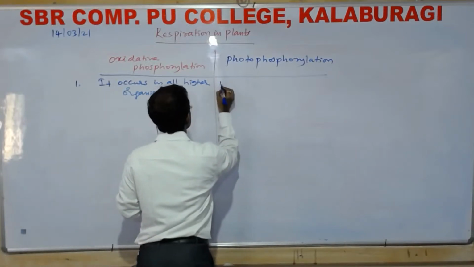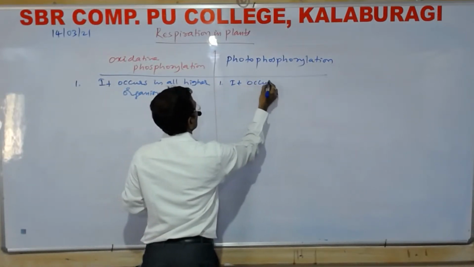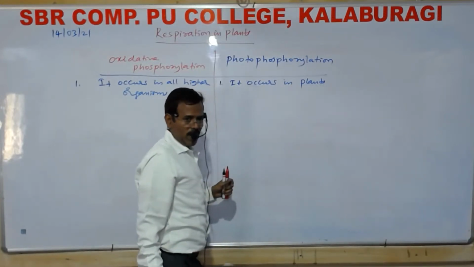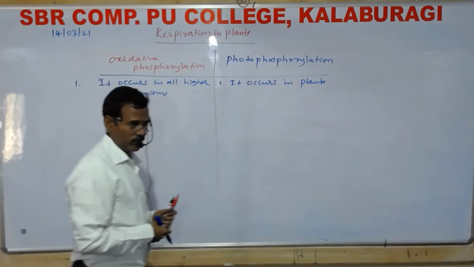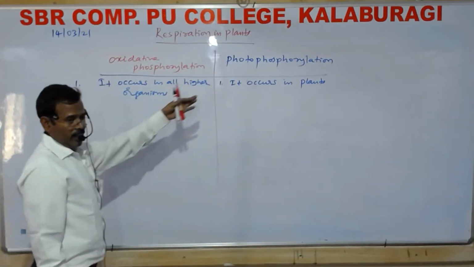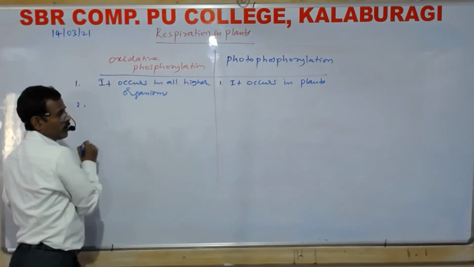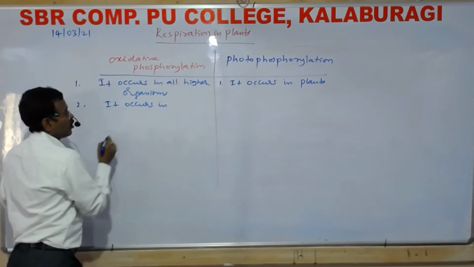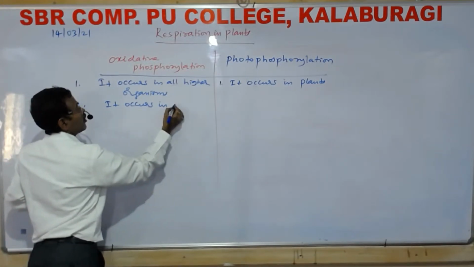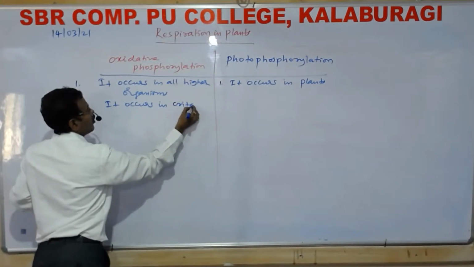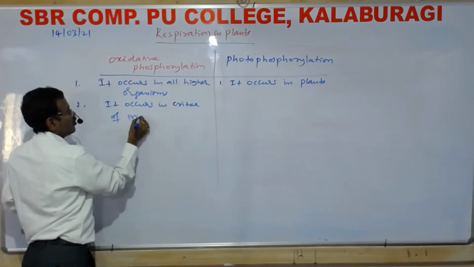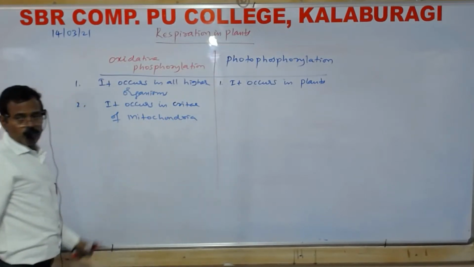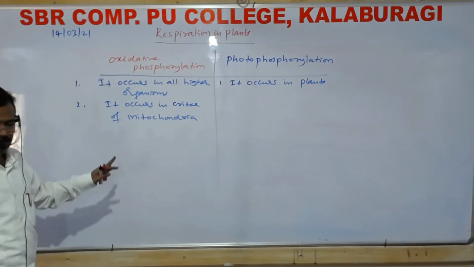Photophosphorylation occurs in green plants. Oxidative phosphorylation occurs in the cristae of mitochondria, which have the F1 particles.